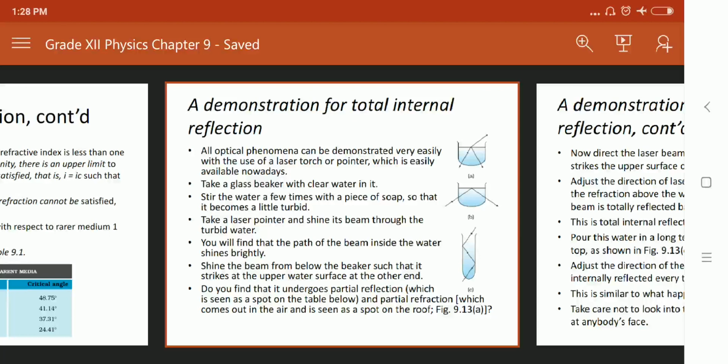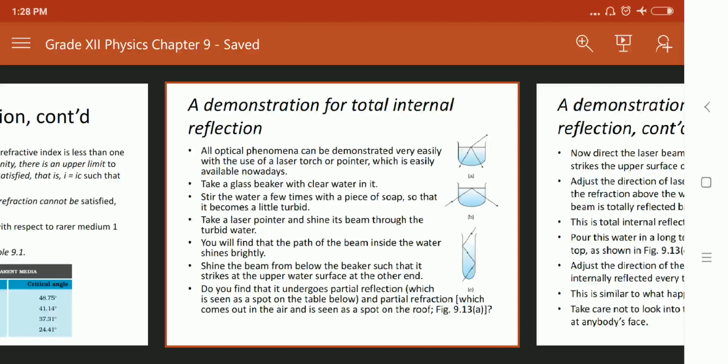In a diagram, we can say that with that particular incident angle at the surface between the water and the air, some of the beam ray is reflected back and some portion of the light is refracted into the air.